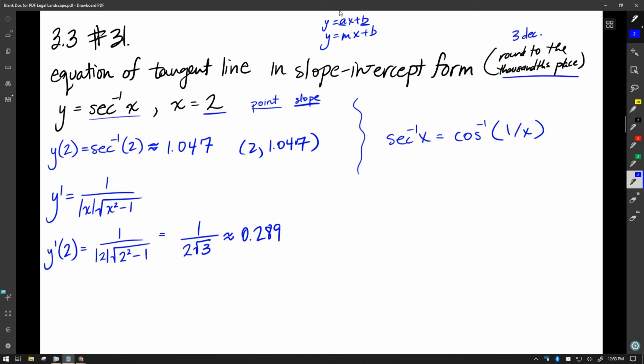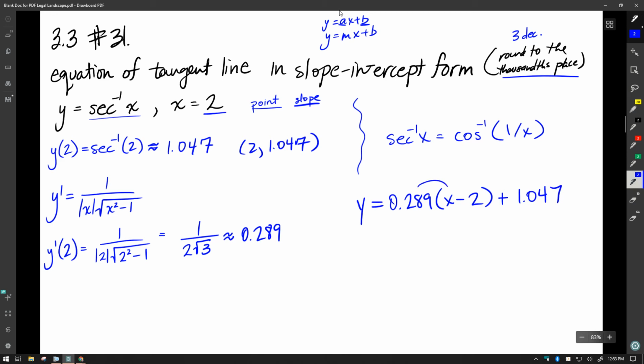Let's get into slope-intercept form, and we're going to begin with point-slope form. So the equation of the line is going to be y equals the slope, which is 0.289, times x minus the x value, which is 2, plus the y value, which is 1.047.